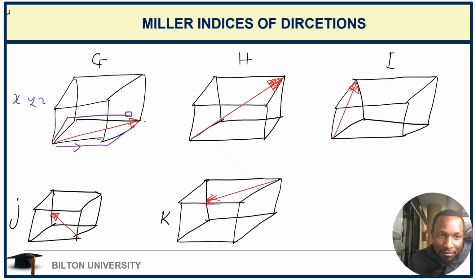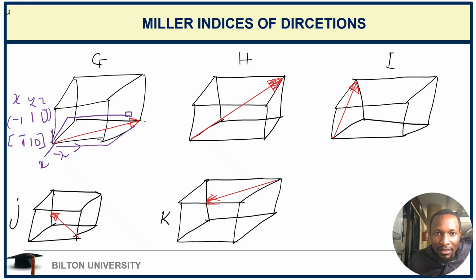It's going to give us the same, but because this is y, it's in the positive y, so I have positive y. Because this is our origin, this is our x, this is our y, and this is our z. We did not move in any z, so our z is 0. And in the x, we moved minus x, but 1 full length. So it's going to give us minus 1. So we write the bracket, we close the bracket, and this is going to give us bar 1, 1, and 0. So this is the Miller indices for this G.